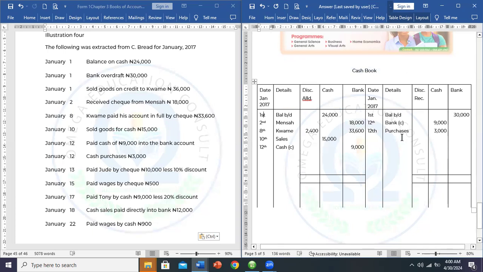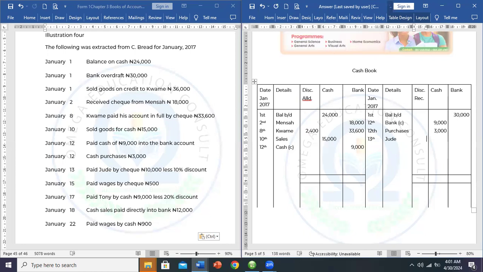Then the next one, 13th, paid due by check, 10,000 less 10% discount. So we are making payment. So on the 13th, narration will be due. 10,000 less 10% discount. So it means that we have to calculate the discount, 10% of the 10,000.